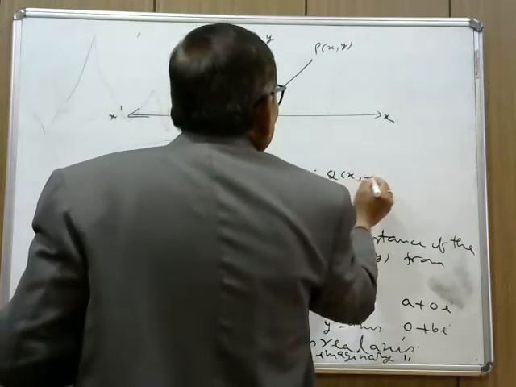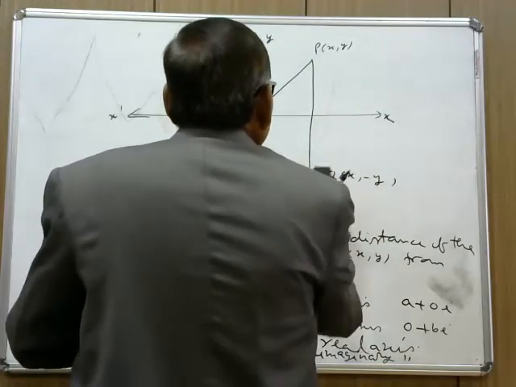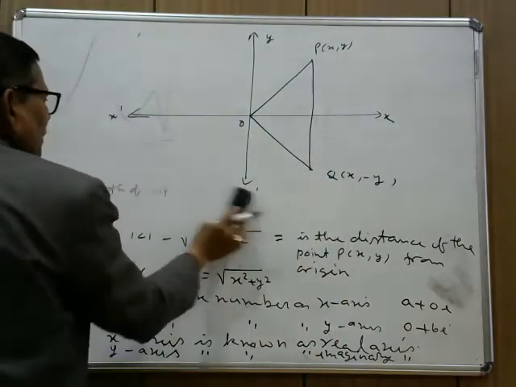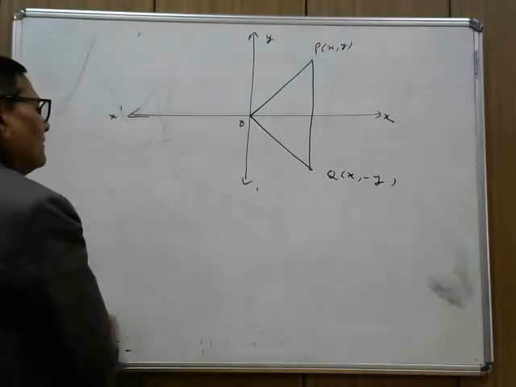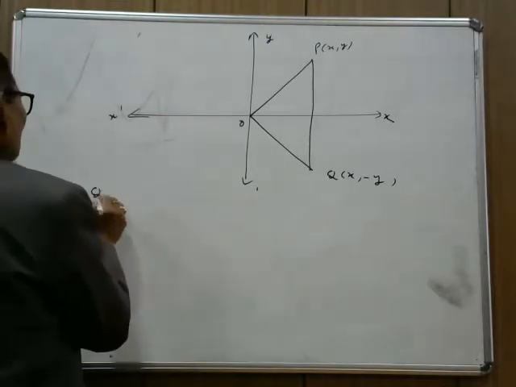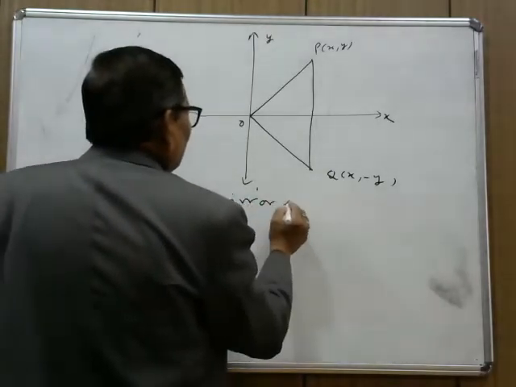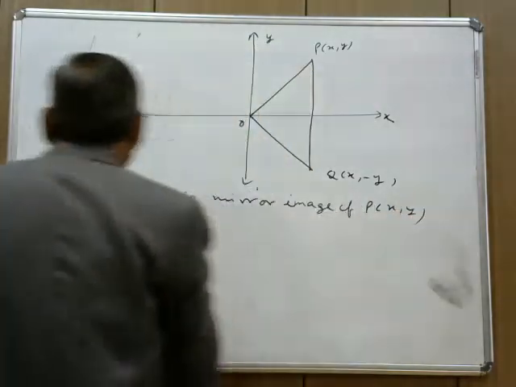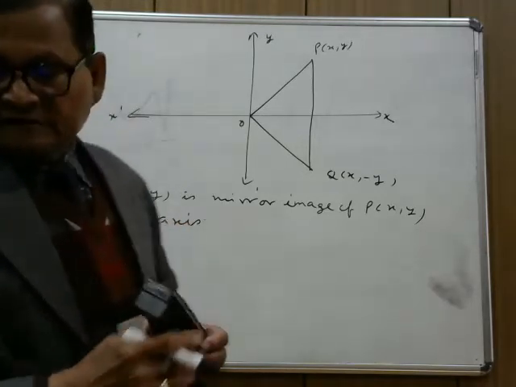Your point Q(x, minus y) is the mirror image of P(x, y) in the x-axis, and you can see it here in this figure. This is the mirror image in the x-axis.